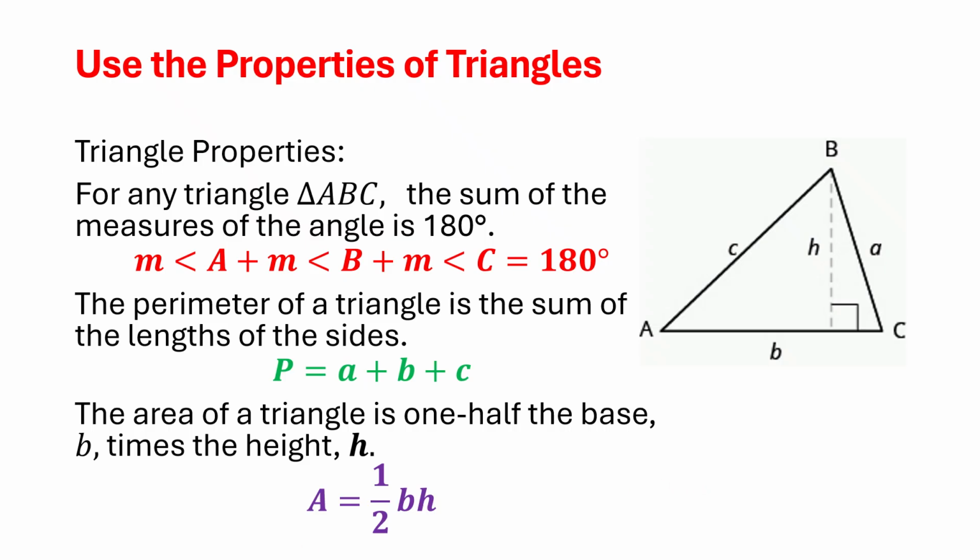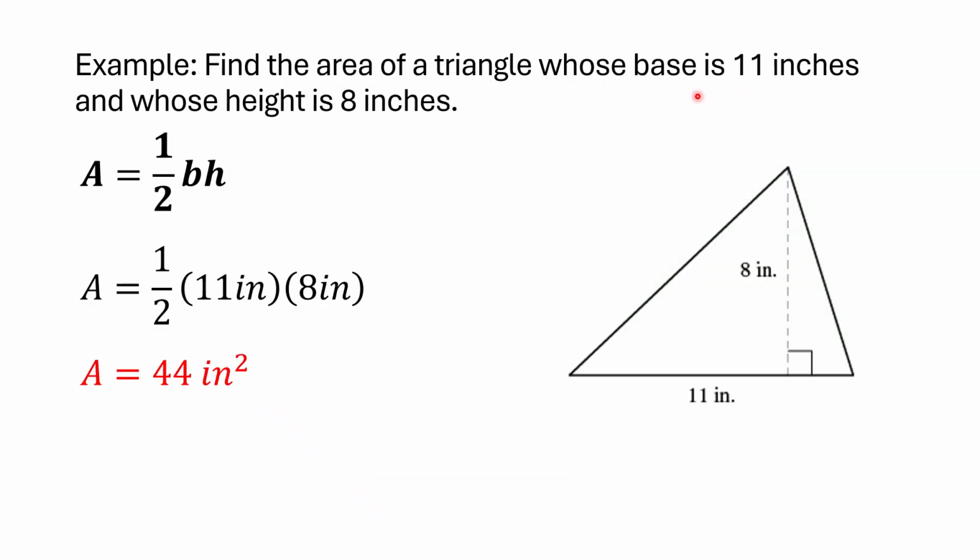For example, if you're given the base of this triangle as 11 inches and the height is 8 inches, then using the formula for the area of a triangle, which is 1/2 times the base times the height, substituting the given, the base is 11 inches and the height is 8 inches. Multiplying the product of 11 and 8 by 1/2 gives us 44 square inches, or inches squared. This is the area of this triangle.